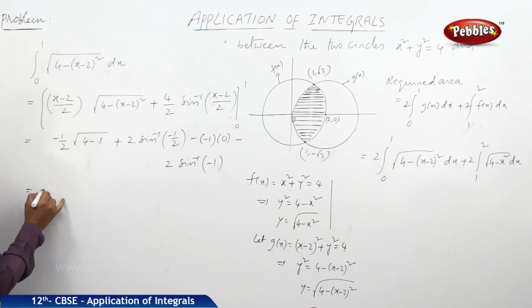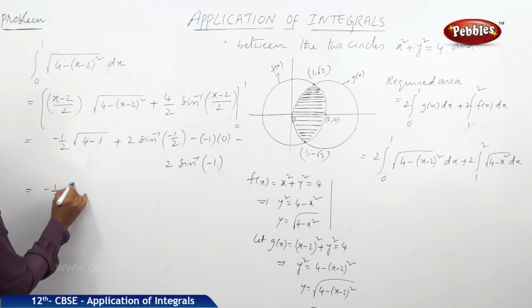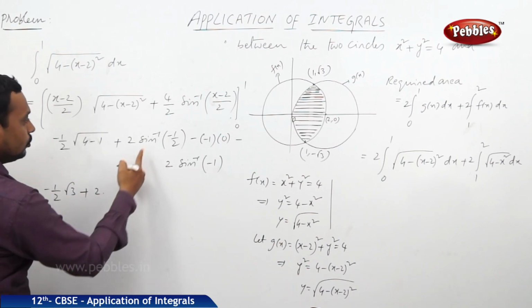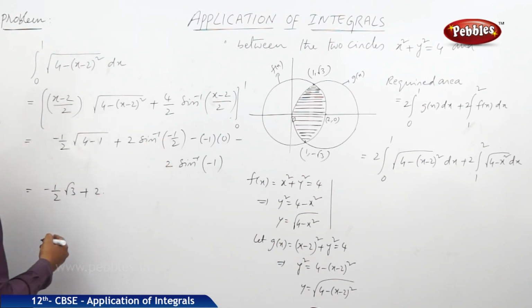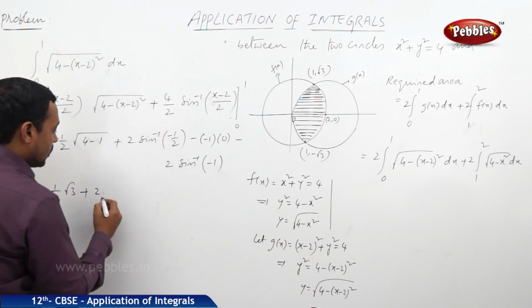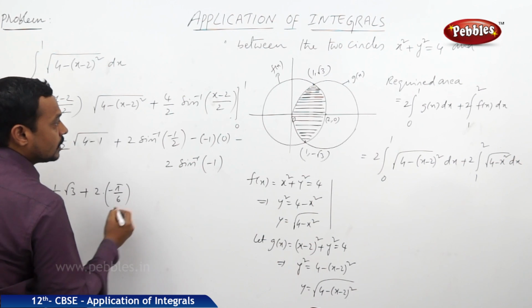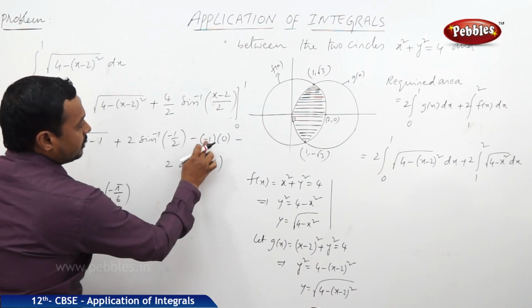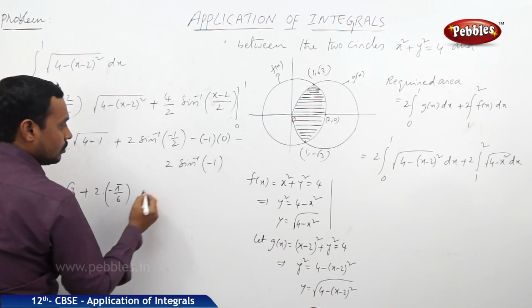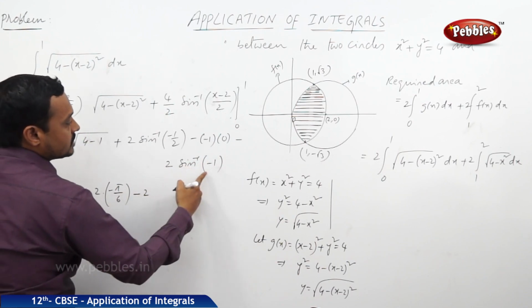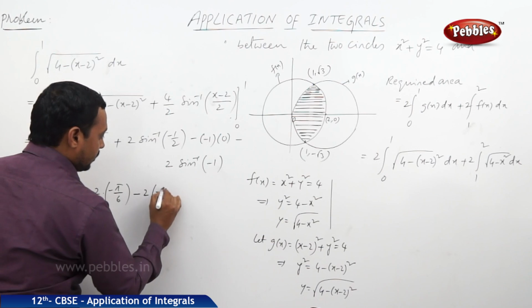And therefore, minus 1 by 2 into root 3 plus 2 into sine inverse of minus 1 by 2. Sine inverse of minus 1 by 2 is equal to minus pi by 6. You know, it is minus into minus plus 1 into 0, 0. And it is minus 2 into sine inverse of minus 1, which is equal to minus pi by 2.